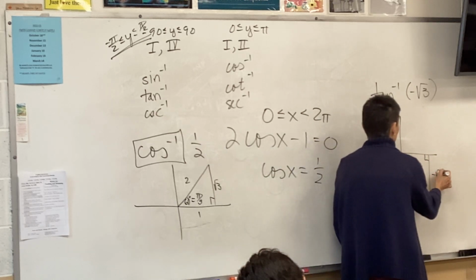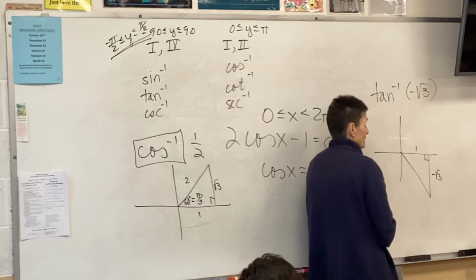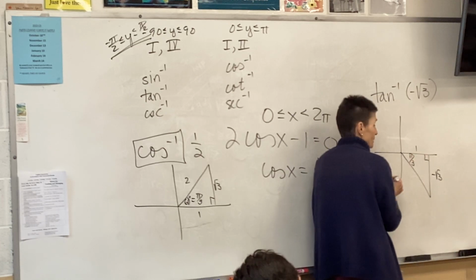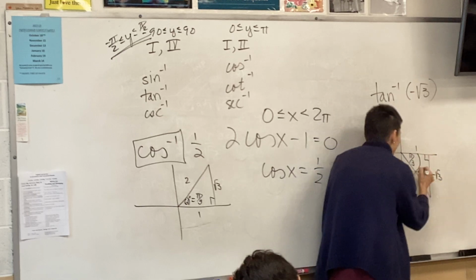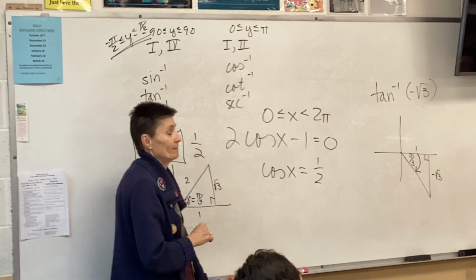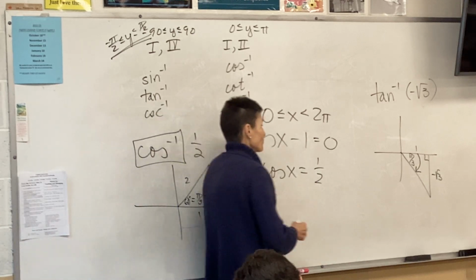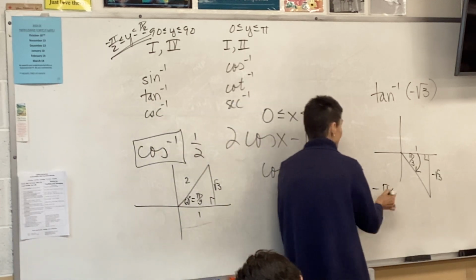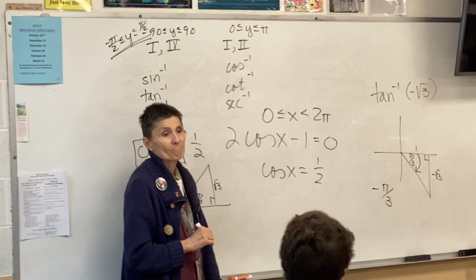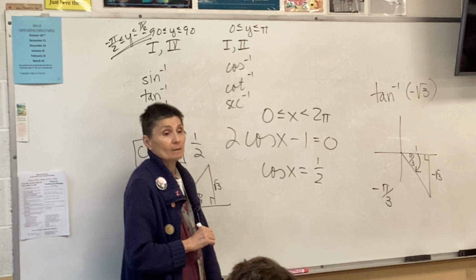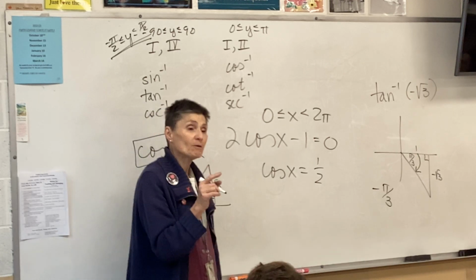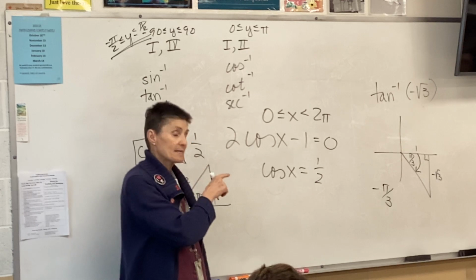Tangent is opposite over adjacent. Isn't this another 60? Yeah, pi over 3. But it's negative 60, negative pi over 3. So the answer to the question is negative pi over 3. Could you also write that as 5 pi over 3? 5 pi over 3 would be drawn in that same spot.